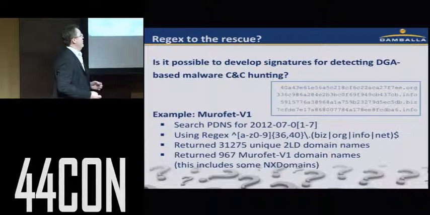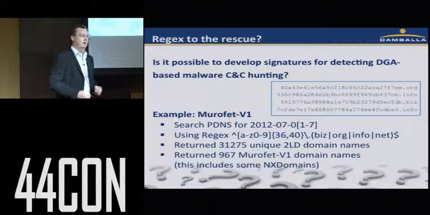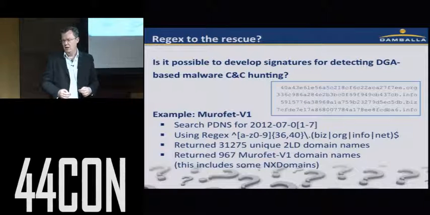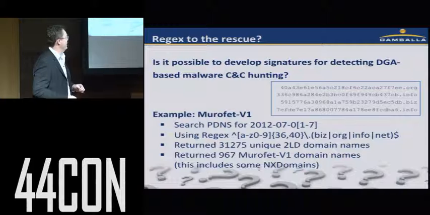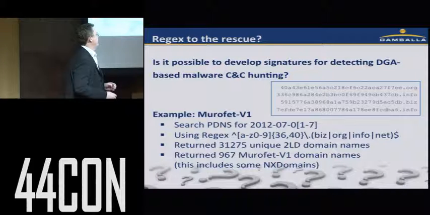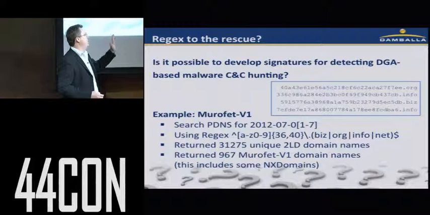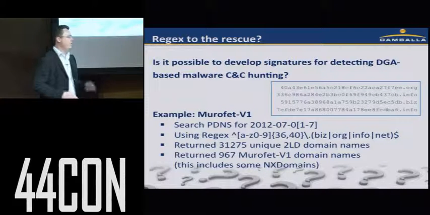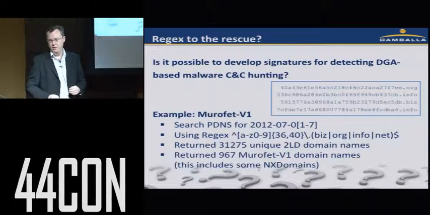So I looked at the Morifet V1 in our passive DNS database, all the DNS record sets, or RR record sets, for just 1 week, and used a nice simple regex statement, very simple: something between 36 and 40 characters long, ending in biz, org, info, net.